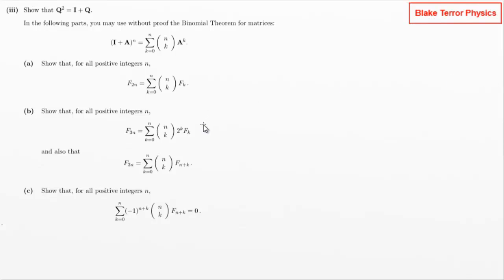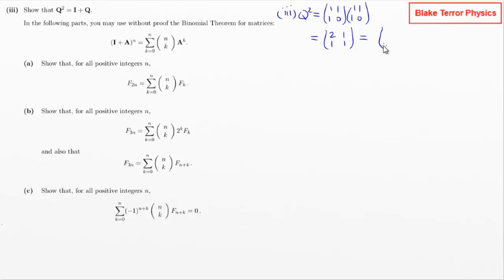So part 3, show that Q squared is I plus Q. So Q squared, that was 1, 1, 1, 0 times 1, 1, 1, 0. So that is going to be 2, 1, 1, 1.